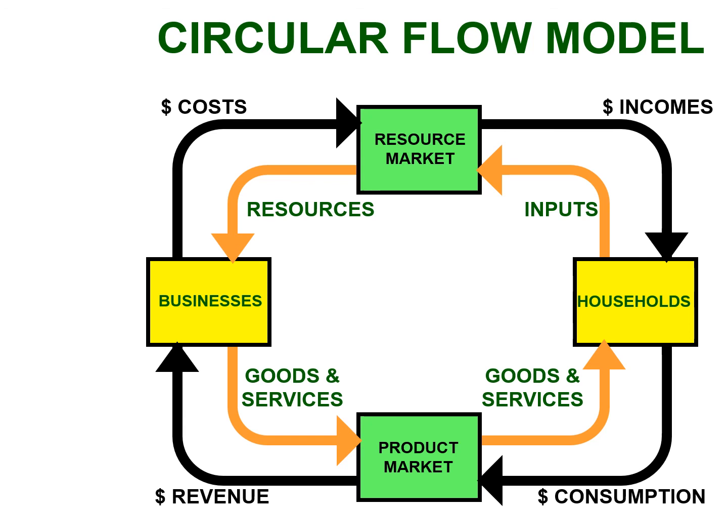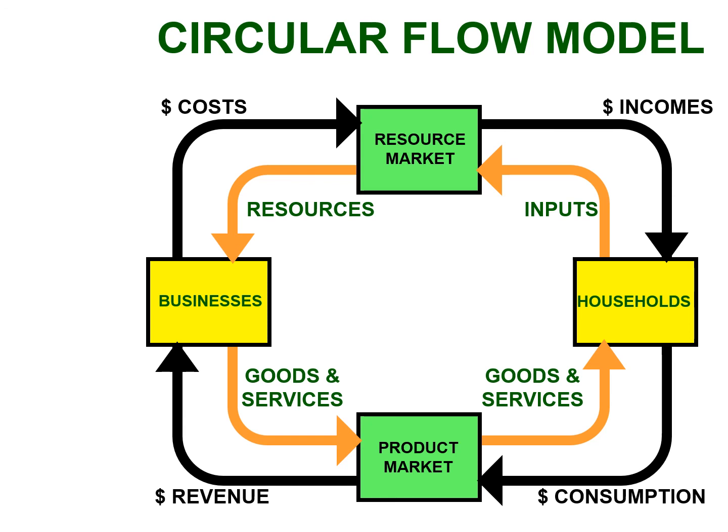We could also follow the orange inside track. Households bring inputs to the resource market. Businesses acquire these resources. So inputs become the resources necessary for production of goods and services. Businesses generate goods and services, and households spend on these goods and services, and they make their way into the individual and household's residence.